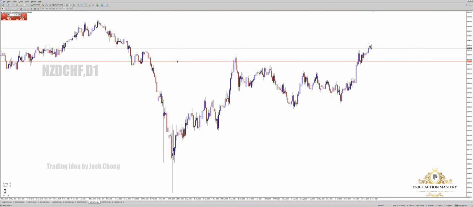Basically for all the New Zealand pairs, we are more focused on buy positions. There are two levels, either here or here. For both levels, I'm going to see if there's a confirmation for my entry, then I will go for it.